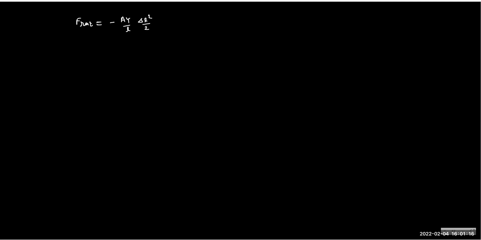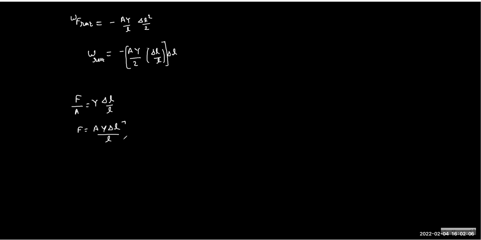Okay. So this looks slightly different. Basically, the formula that we write at equilibrium is F by A equals Y delta L by L. So AY delta L by L itself is F. That's why this term is basically minus F delta L by 2.